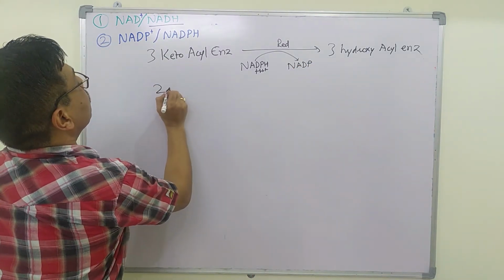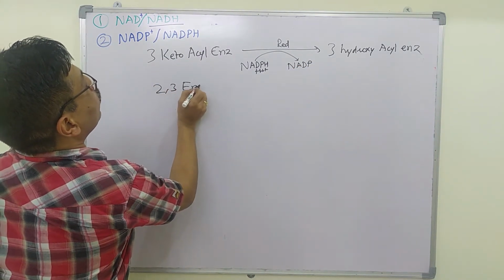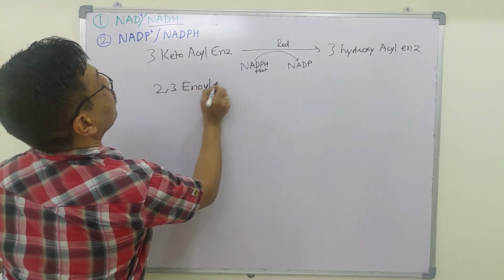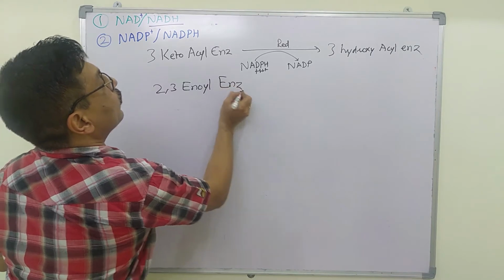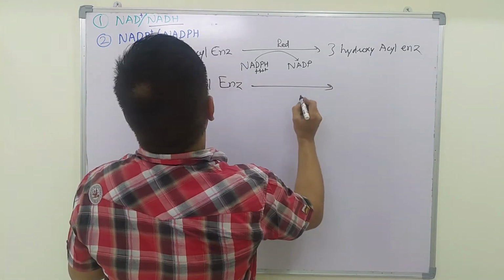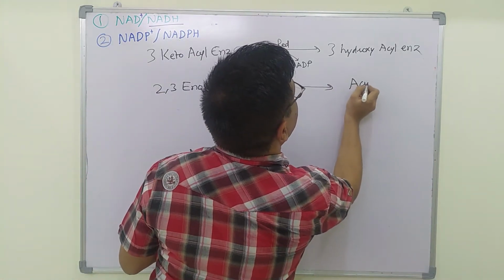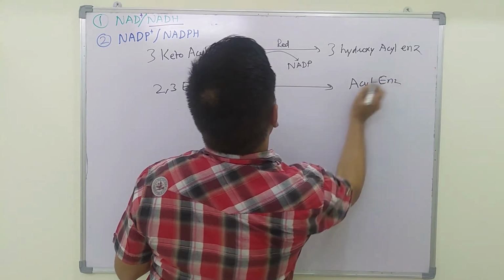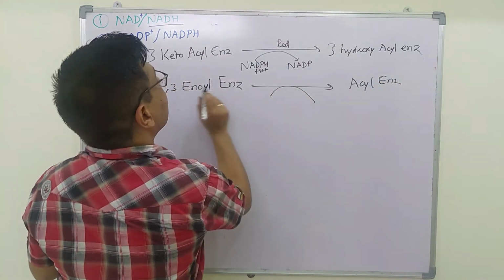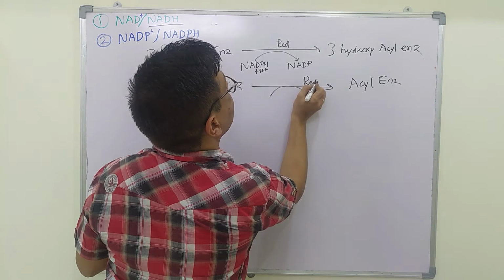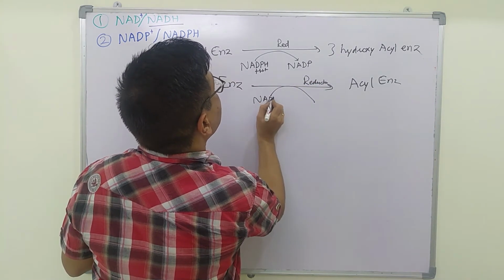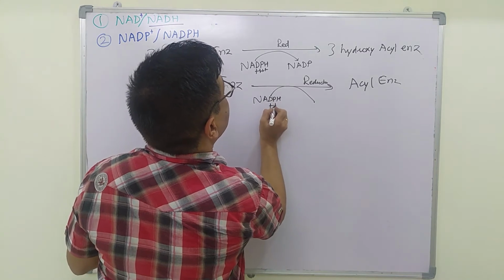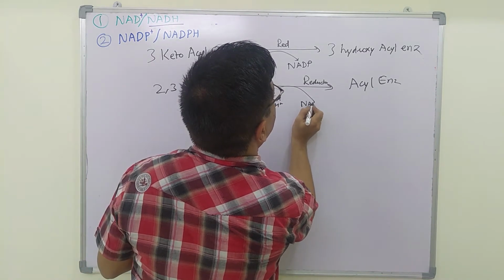Then 2,3-enoyl enzyme is converted into acyl enzyme with the help of 2,3-enoyl enzyme reductase, and NADPH plus H plus are converted into NADP.